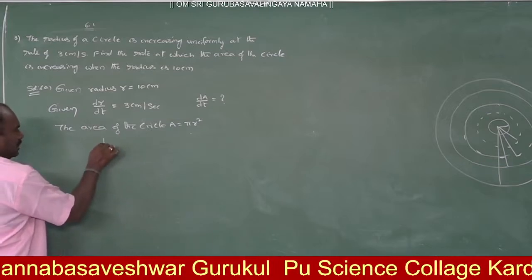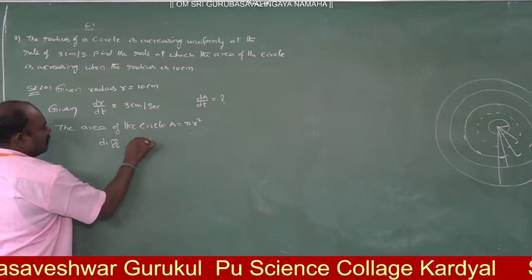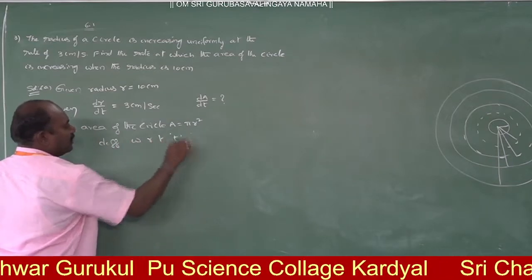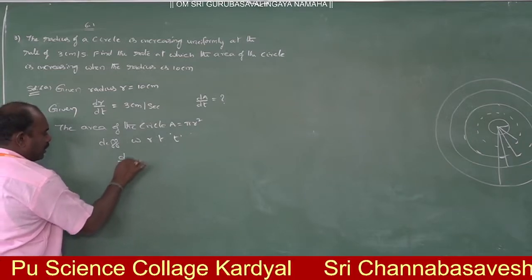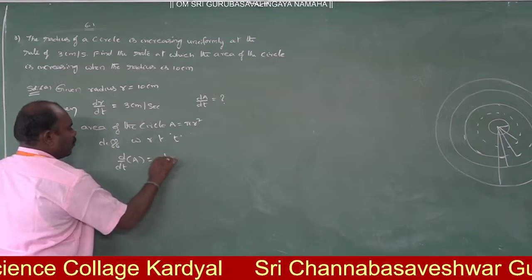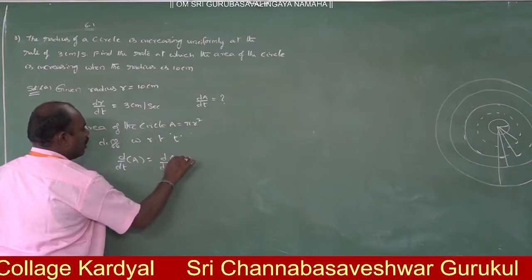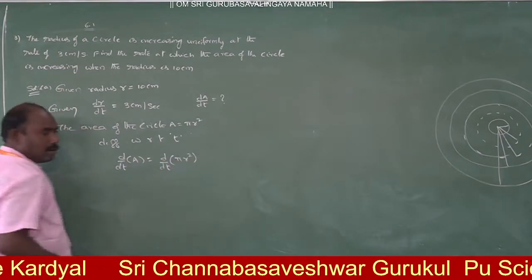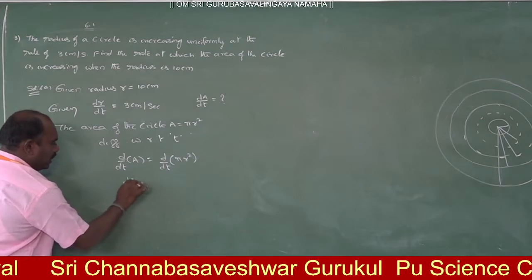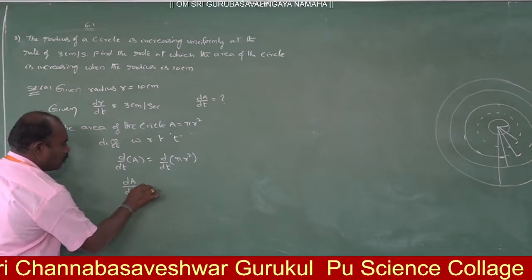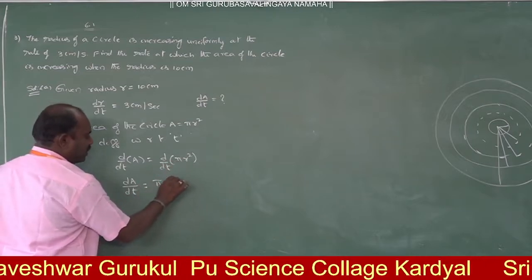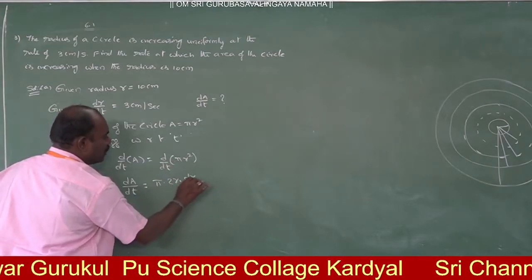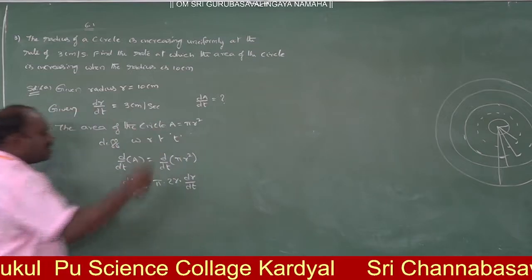Differentiating with respect to t, d by dt of A equal to d by dt of pi r square. So dA by dt equal to pi, which is a constant, times the differentiation of r square, equal to 2r into dr by dt. This is important.